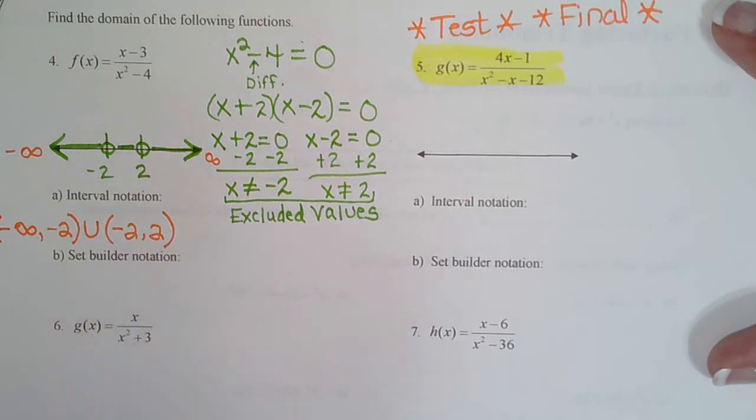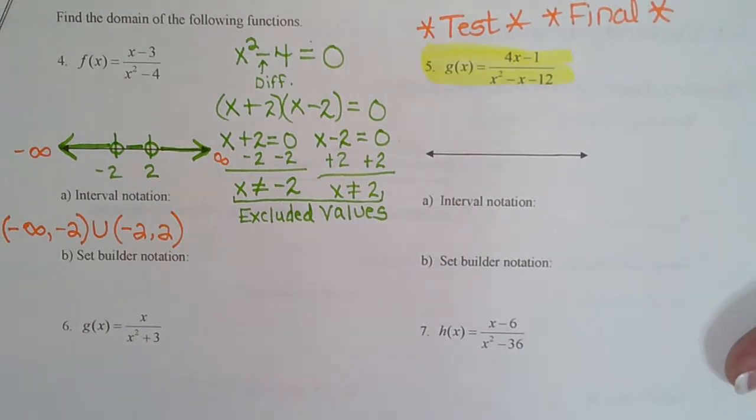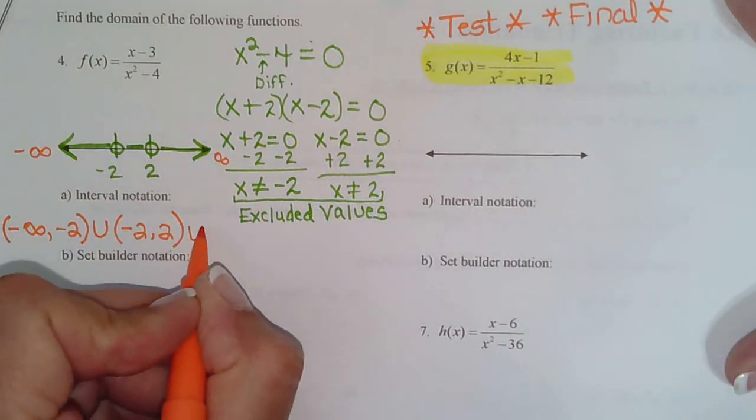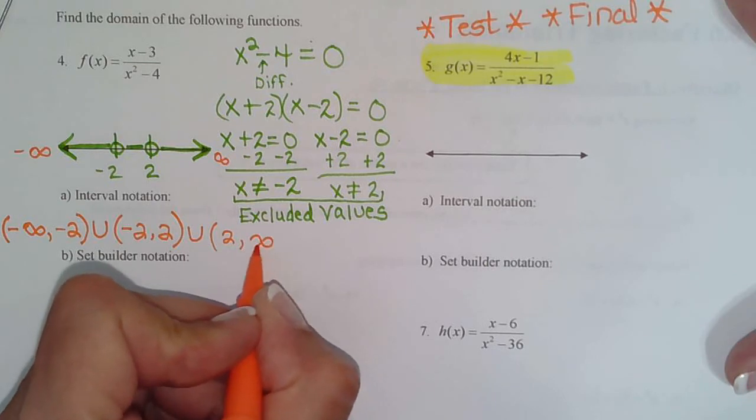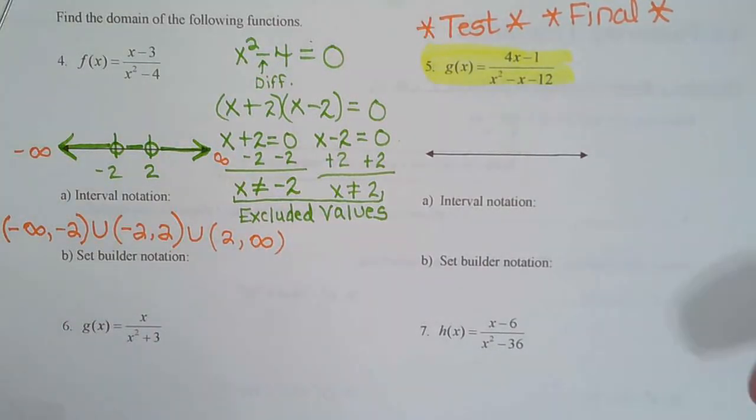Remember, the parentheses exclude the excluded values, which is what we want. United with 2 to infinity. So that would be the interval notation.